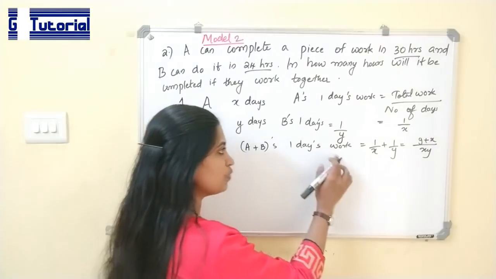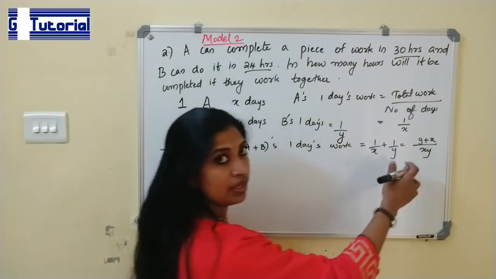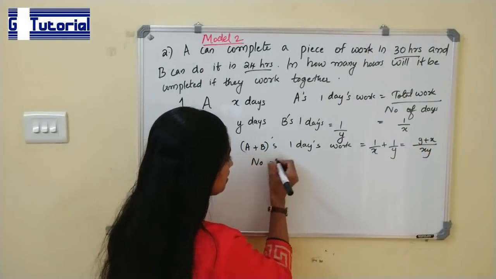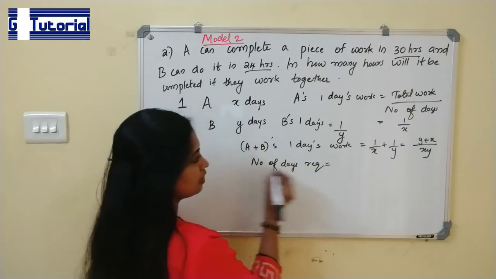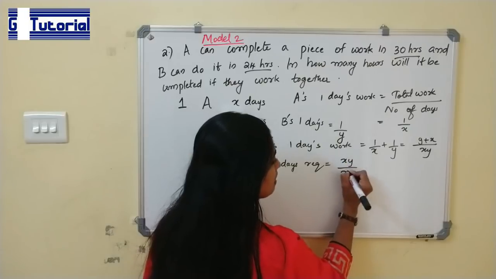A plus B's 1 day's work is X plus Y by XY. And so the number of days required is XY by X plus Y.